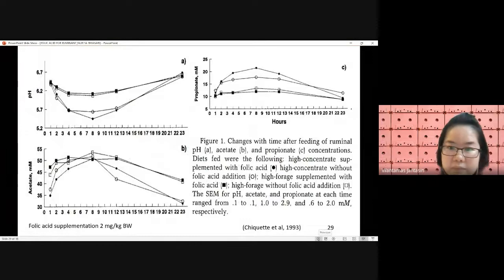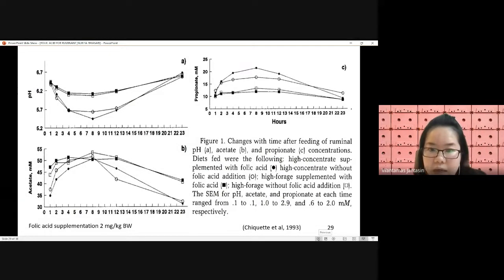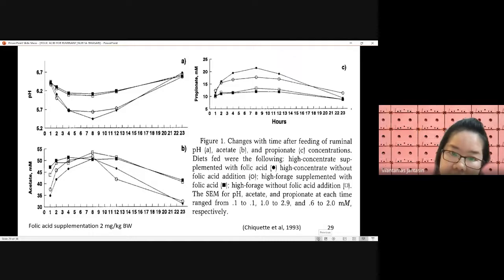Yes. From this figure, can you explain more to us about why with and without folic acid, they have different results? For example, for propionate concentration. Thank you.